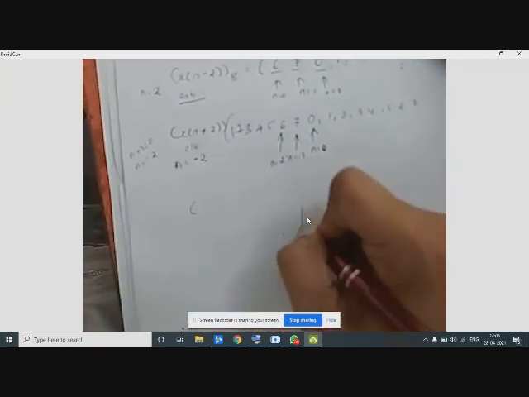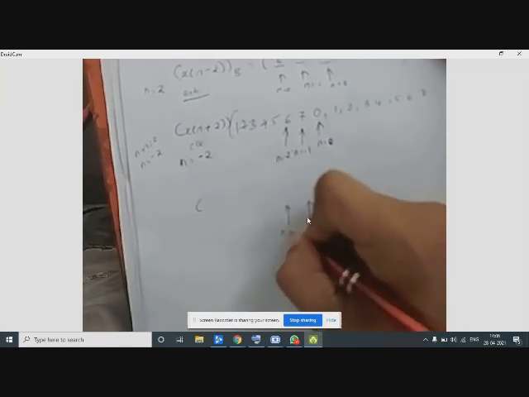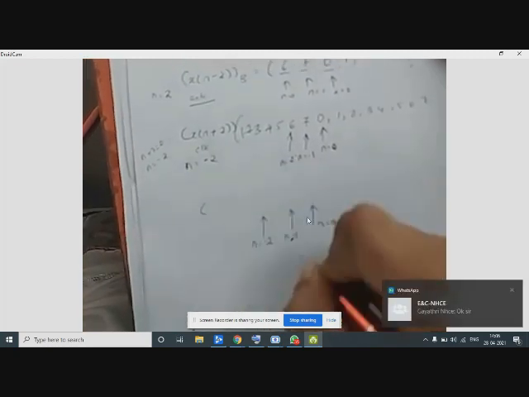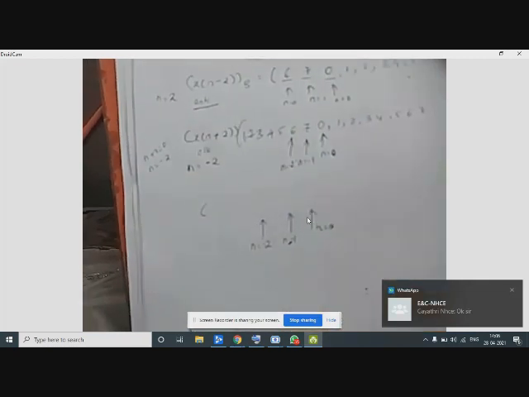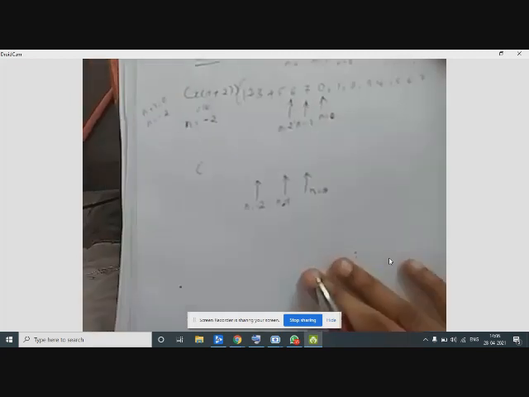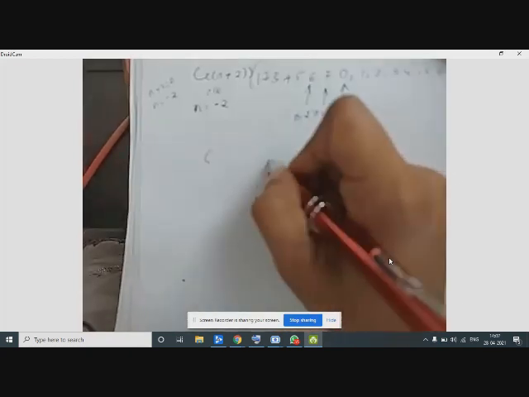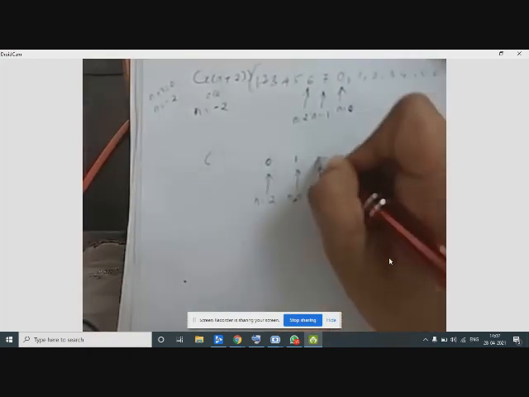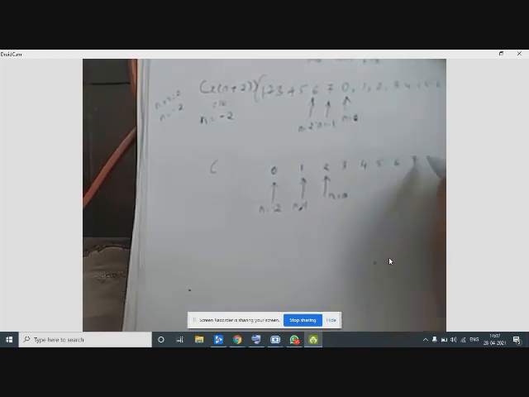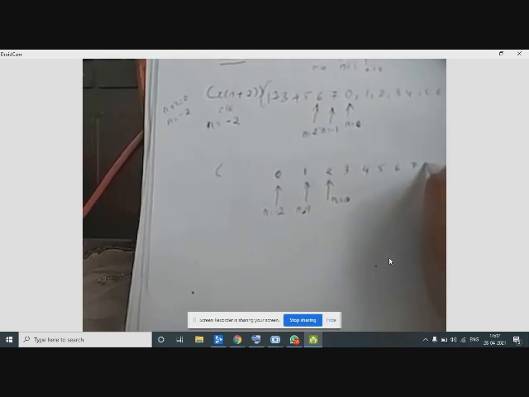That means if this is n equal to 0 position, then n equal to minus 1, n equal to minus 2. At the n equal to minus 2 position, you should have whatever is there at 0. So you will write 0, 1, 2, 3, 4, 5, 6, 7. What happens after 7? Again, what is going to repeat?